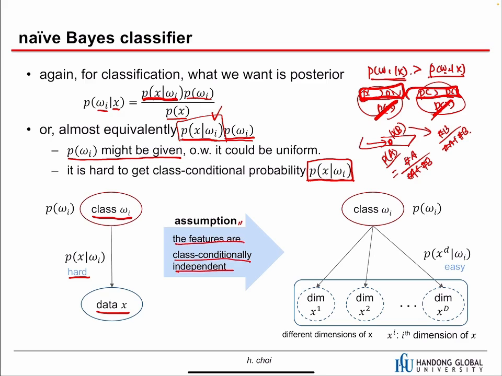So if the class is given, and we know this class, then feature 1 and feature 2, where x is one vector and these are its dimensions, all these dimensions are independent. Usually that's not the case, but when the class is given, under this condition, these dimensions are independent. That's the assumption of the naive-Bayes classifier.